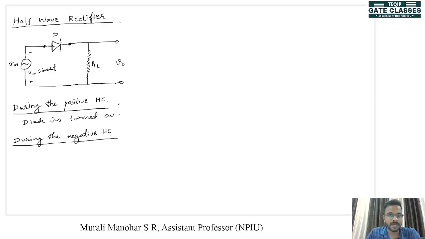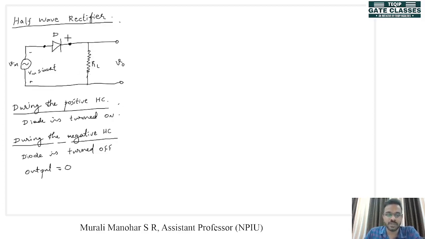When the diode is reverse biased, it will act as an open circuit. So output and input are disconnected, diode is turned off, and output is equal to 0. There is nothing at the output. So this is the working of a half wave rectifier.